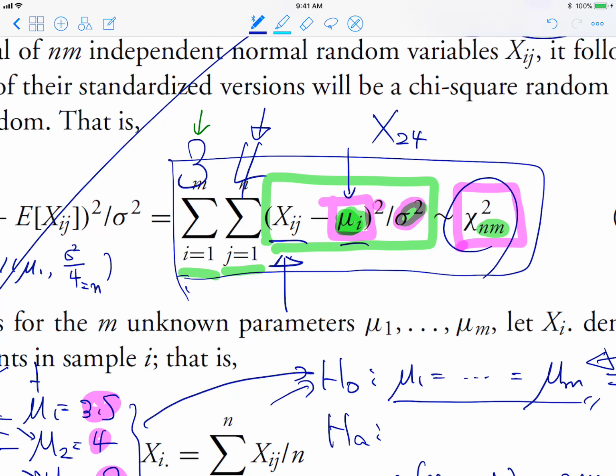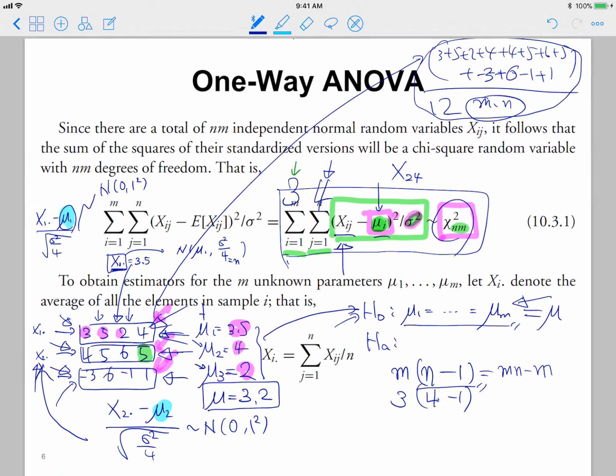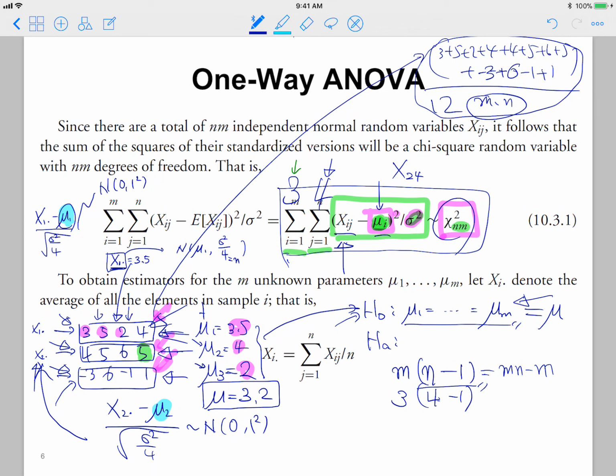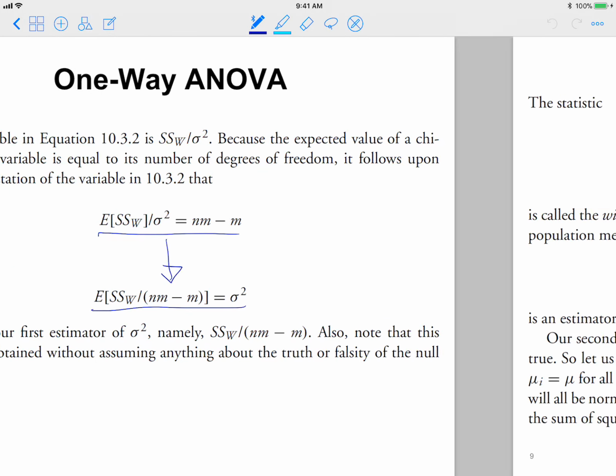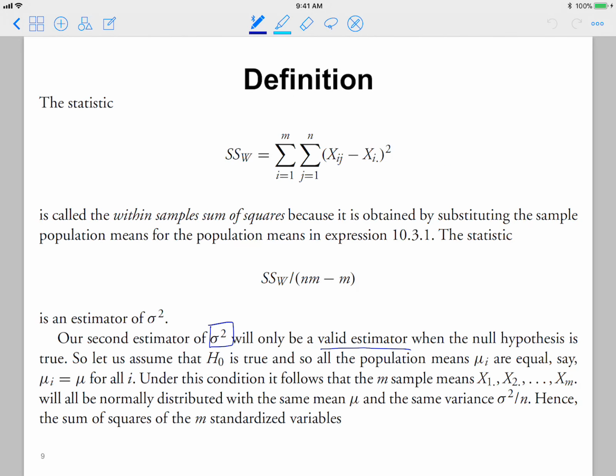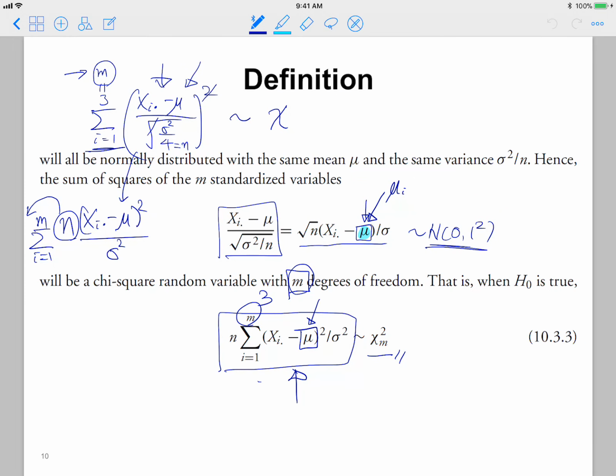Instead of using its own true parameter value of 3.5 and 4 and 2, so we are talking about this estimator, which is deriving SSB.